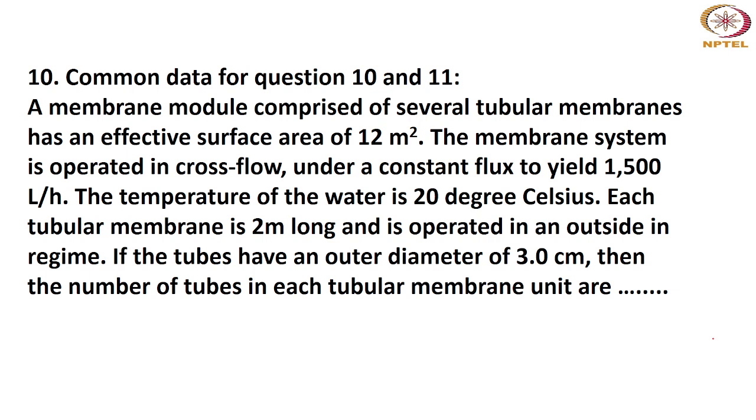Each tubular membrane is 2 meters long and is operated in an outside-in regime. If the tubes have an outer diameter of 3 centimeters, then you have to calculate the number of tubes in each tubular membrane unit. It's very simple. You don't have to think of any environmental engineering idea; I would rather say it is a very easy geometrical problem.